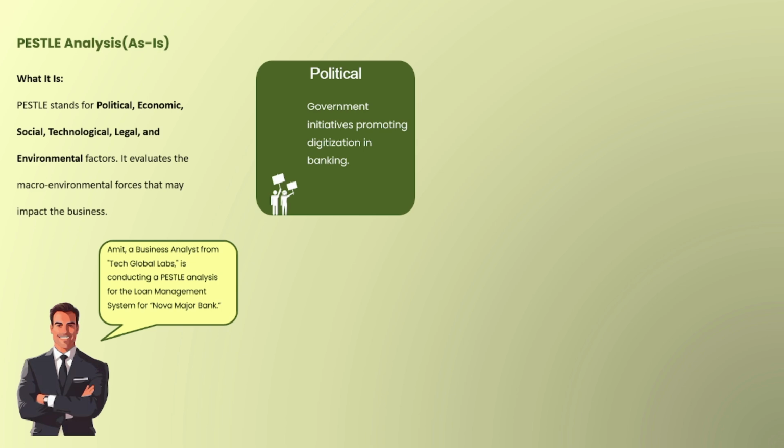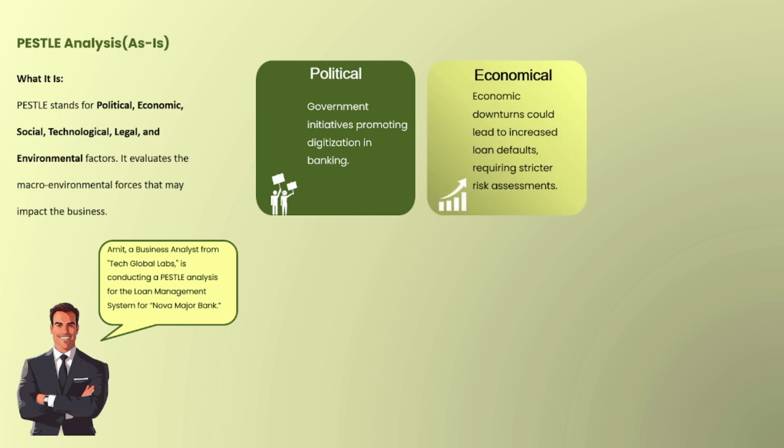Now, next is economical. Economic downturn could lead to increased loan defaults requiring stricter risk assessment. It's quite self-explanatory. During an economic downturn, people and businesses might have a hard time repaying loans, leading to more loan defaults. To handle this, the bank needs to be extra careful before approving a loan, which means stricter risk assessments.